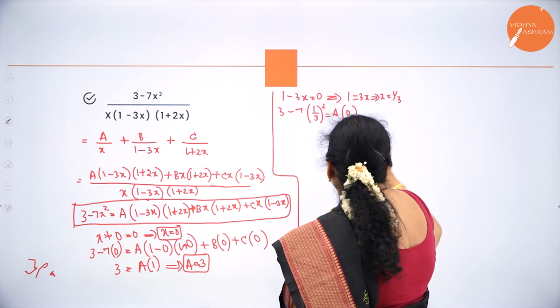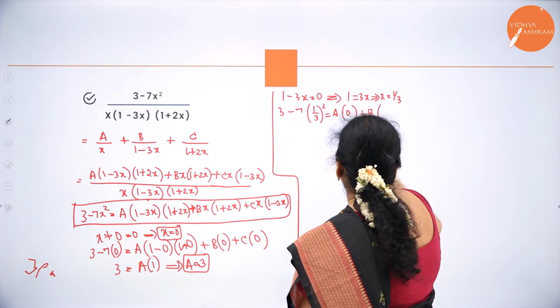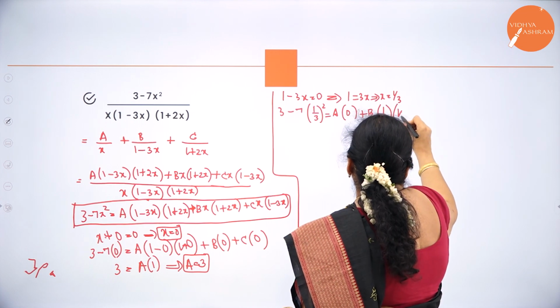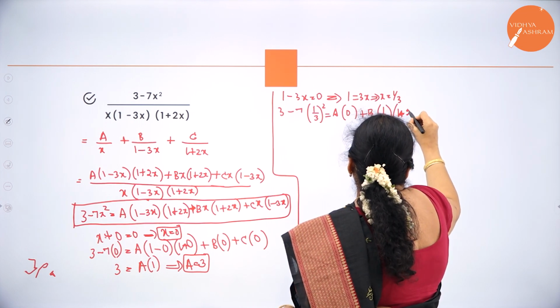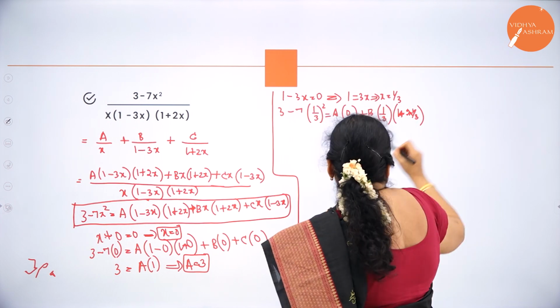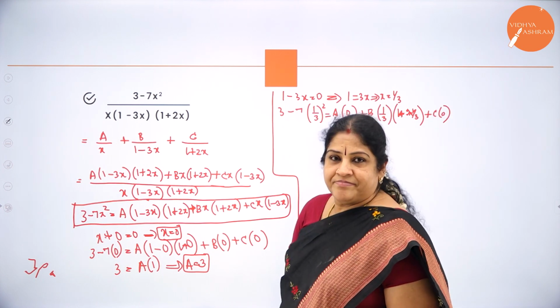Now next is plus B into, x value is 1 by 3, into 1 plus 2 into 1 by 3, plus again C into 0.